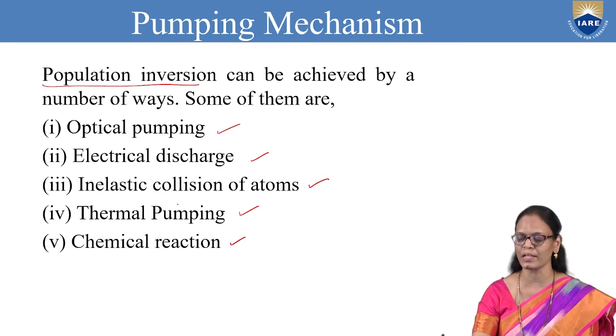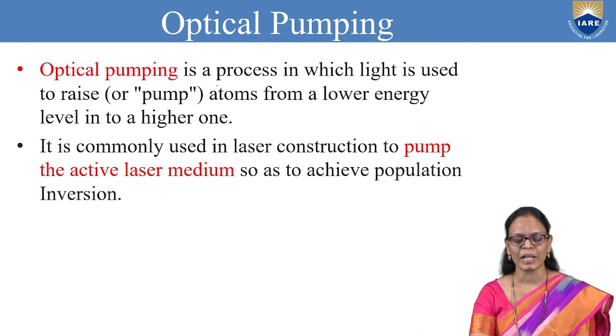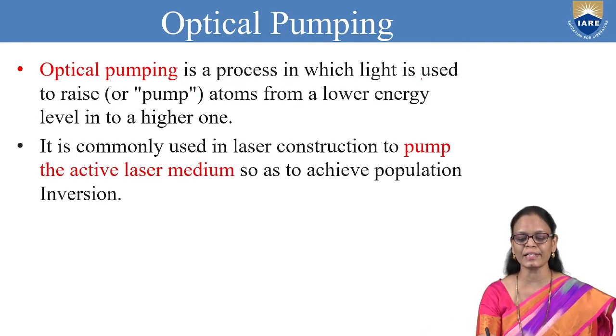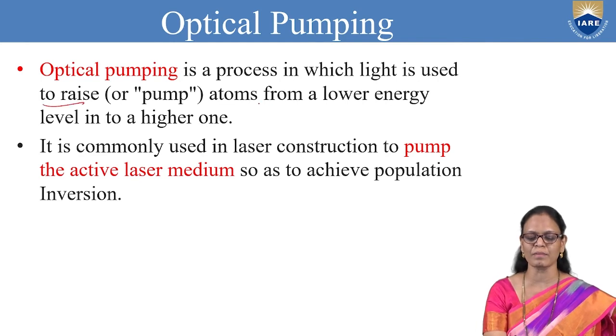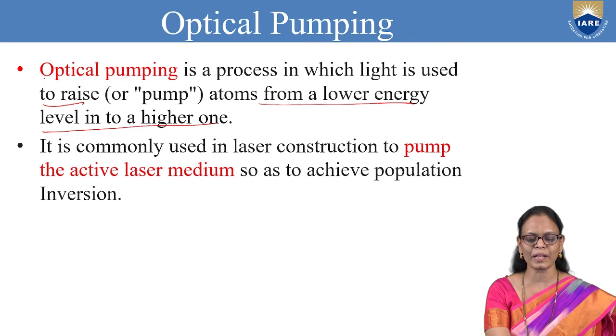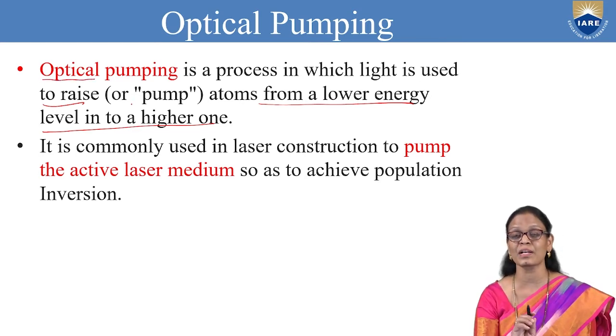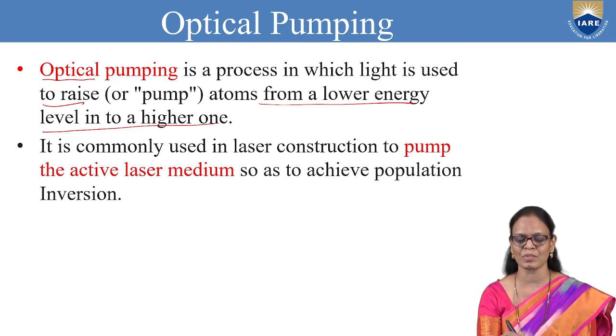First, we'll see what optical pumping is. Optical pumping is a process in which light is used to raise the atoms from a lower energy level to a higher energy level. Optics is itself related to light. So what we are doing here is supplying the energy in the form of light. Light is used to pump the atoms from the lower level to the higher level.